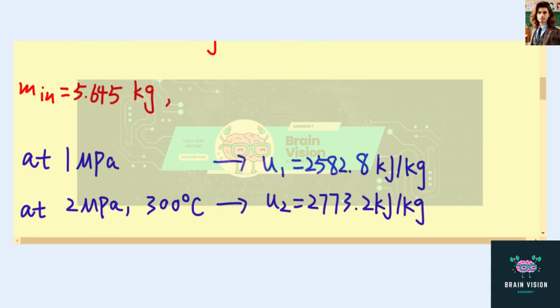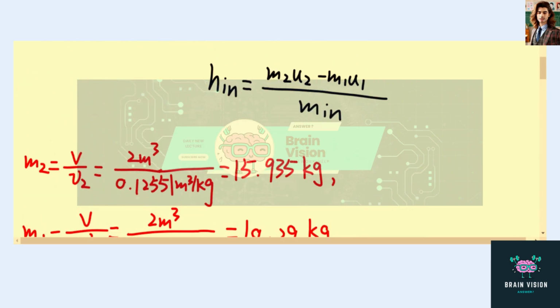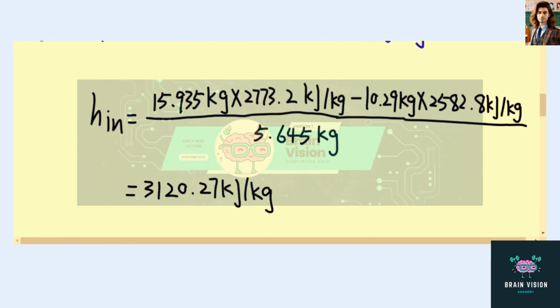And then now let's go to table A6, which is the superheated water table. So at 2 megapascal, 300 degrees Celsius, the corresponding internal energy is 2773.2 kilojoules per kilogram. So now we can plug back into the equation to determine the enthalpy of the steam in the supply line, which is equal to 3120.27 kilojoules per kilogram.